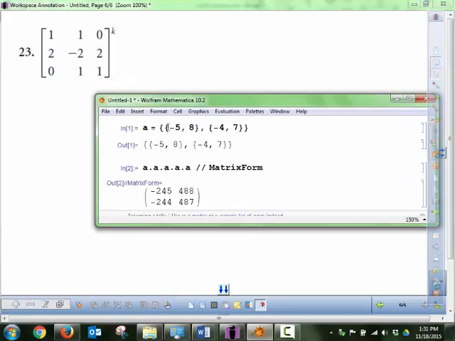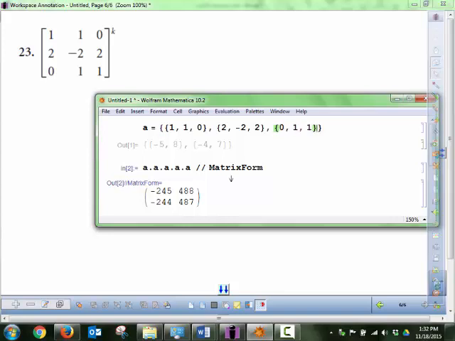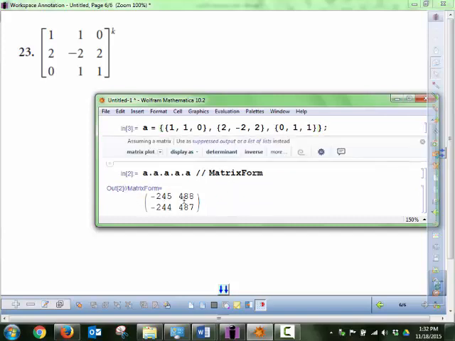All right, let's get this going here. 1, 1, 0; 2, -2, 2; 0, 1, 1. Okay.